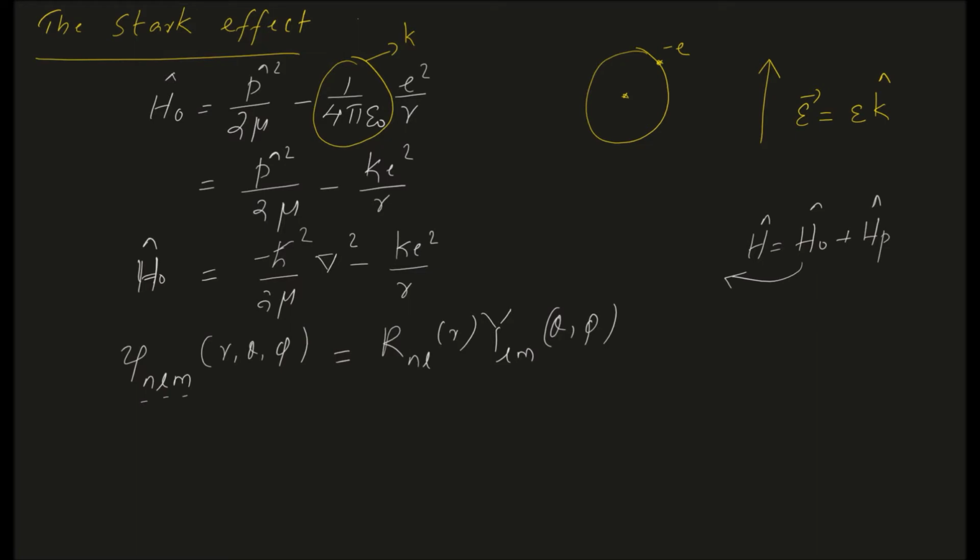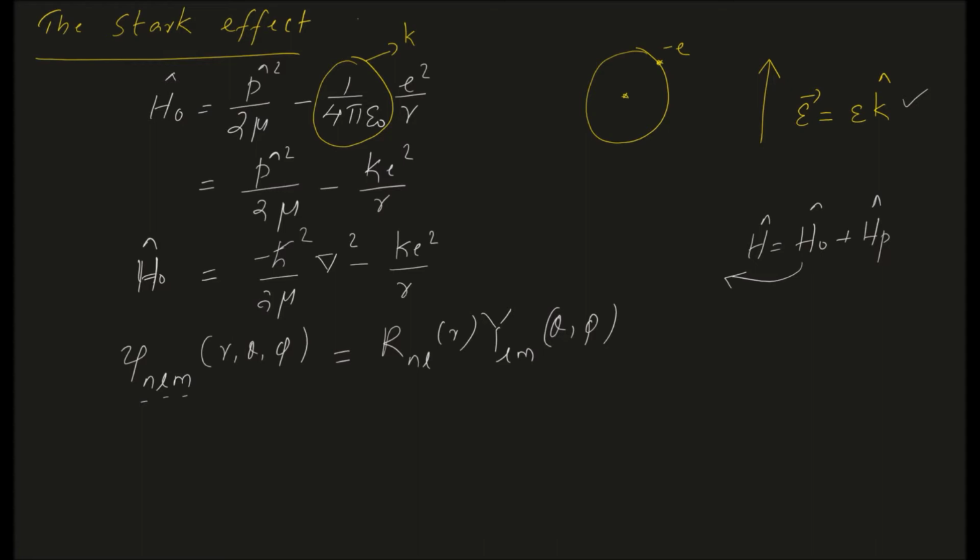Now suppose that we have switched on this electric field. If you switch on the electric field, the electric dipole moment of the atom starts interacting with the field, giving an additional potential energy to the electron. What is that potential energy due to this dipole?